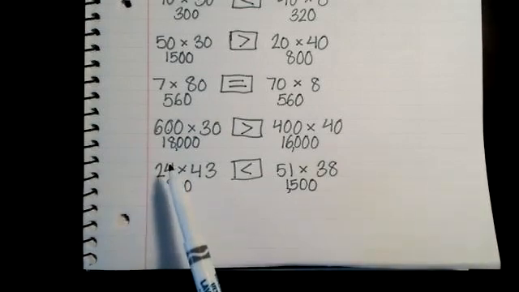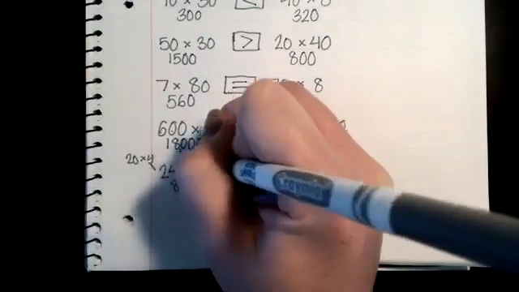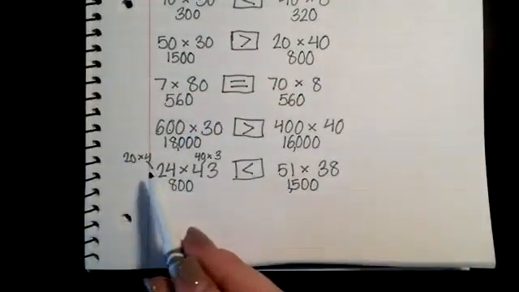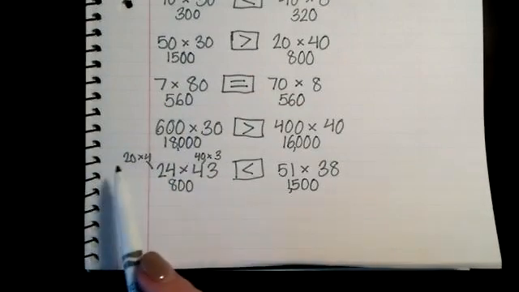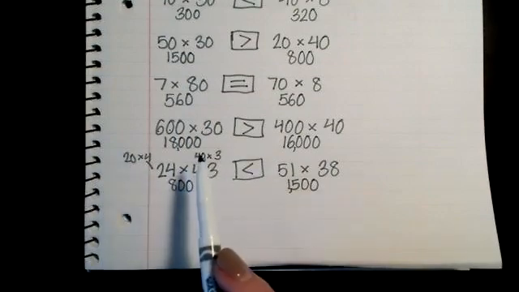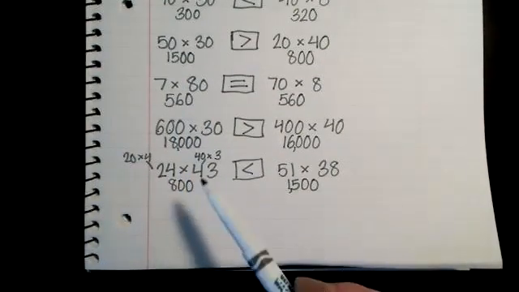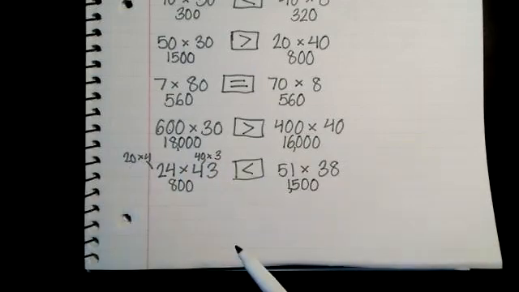If you need to write these out, I did not write this out, but if you need to, this is 20 times 4, this is 40 times 3, go for it. If you need to see that 20 and that 40, that's fine. Just focus on those tens, use your place value chart, move your number over as many times as you need to, depending on how many tens you have in your problem.